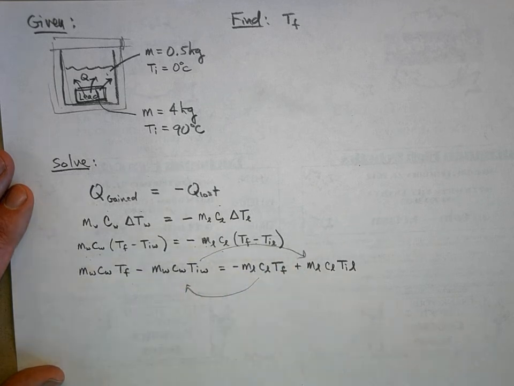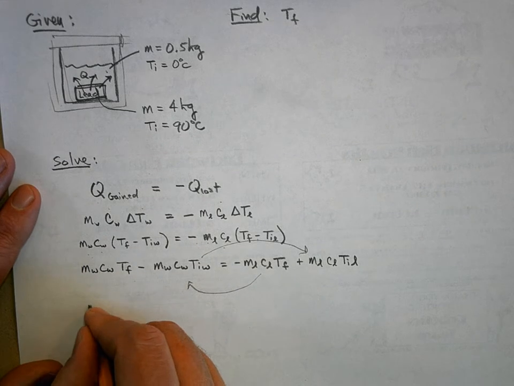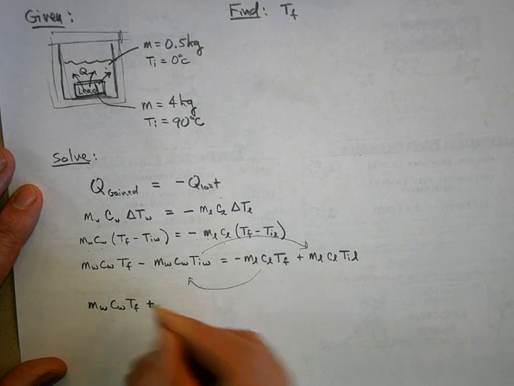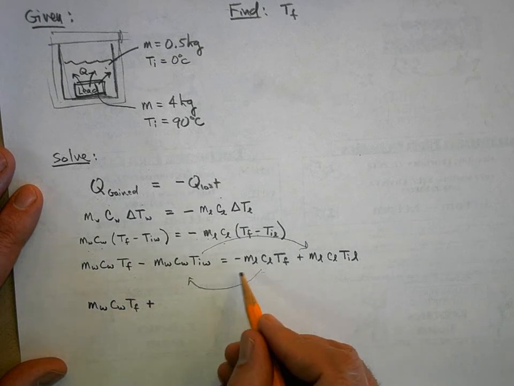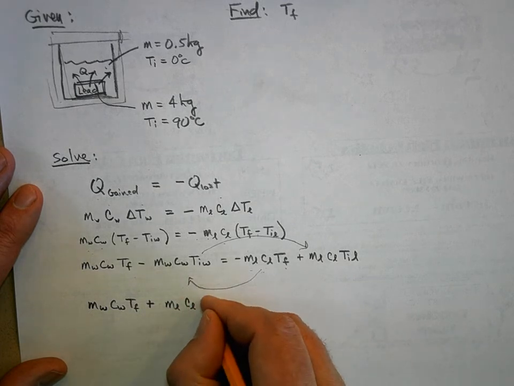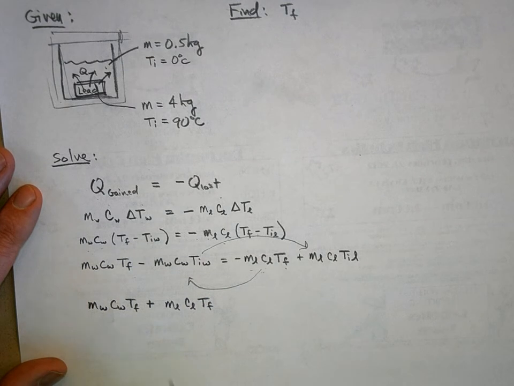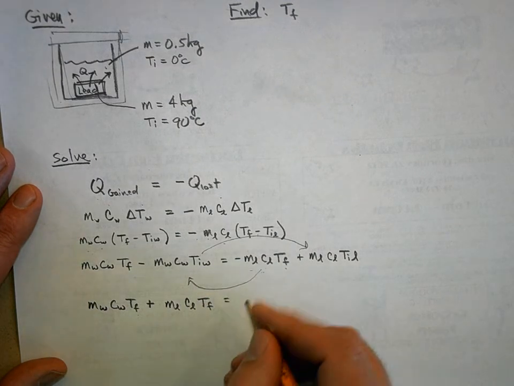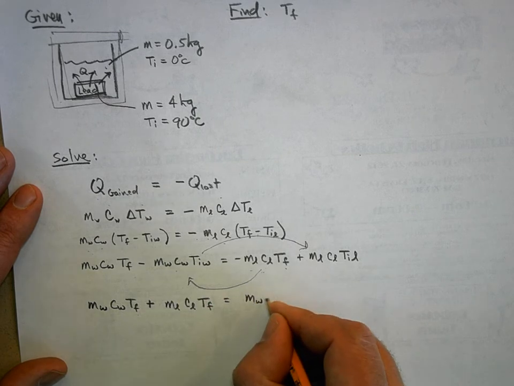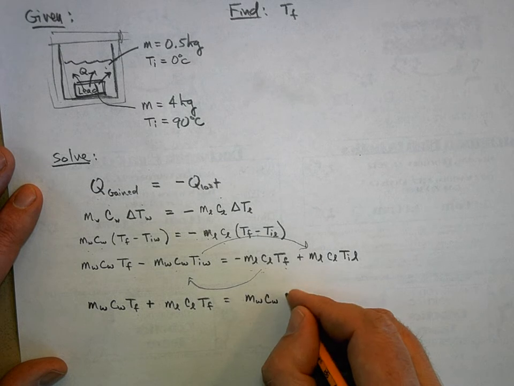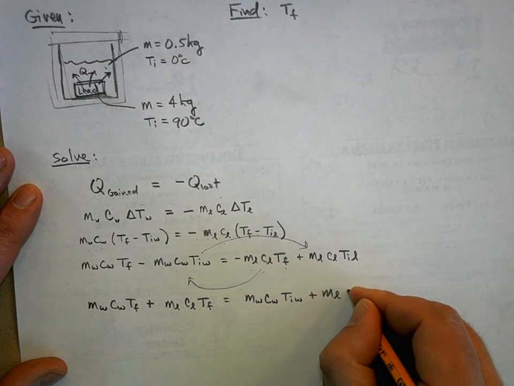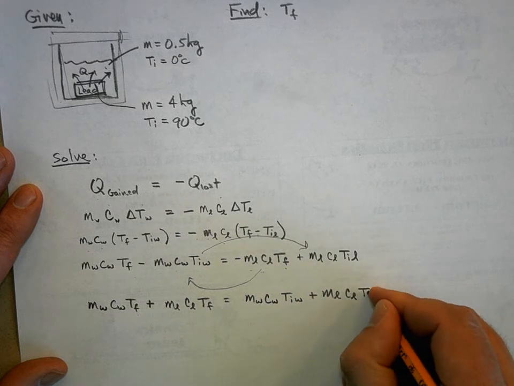And when I do that, I get M sub W, C sub W, T final, plus, because I'm going to add it to both sides, the mass of the lead, the specific heat of the lead, times the final temperature of the lead, which is the same as the final temperature of the water, equals, well, I've added this to the other side, so this is the mass of the water, specific heat of the water, times the initial temperature of the water, plus mass of the lead, specific heat of the lead, times the initial temperature of the lead.